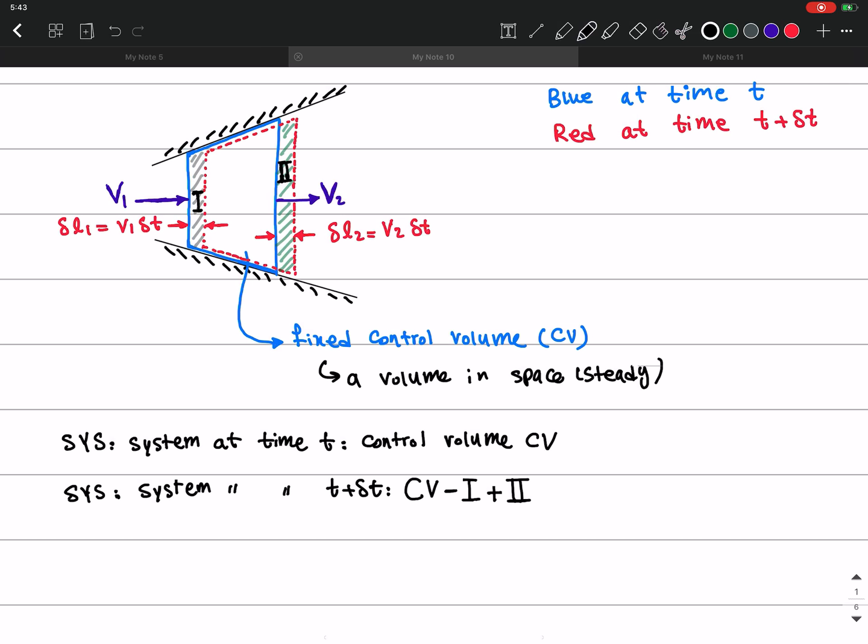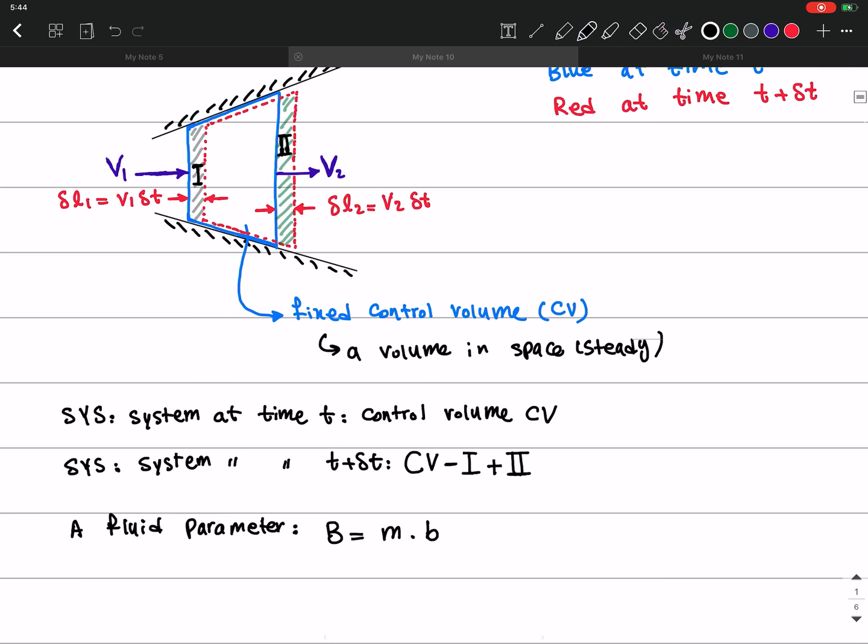And then another definition I want to make is of a fluid parameter. So I want to make the definition for extensive and intensive fluid parameters. So B, capital B, equals mass times b.